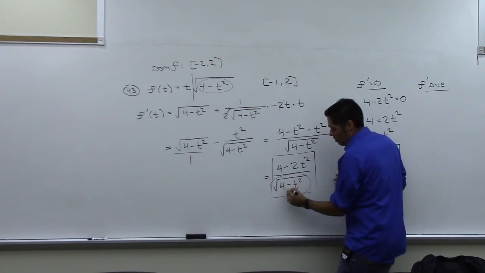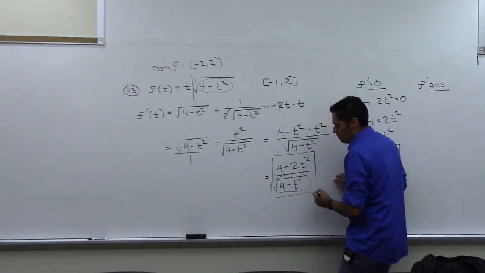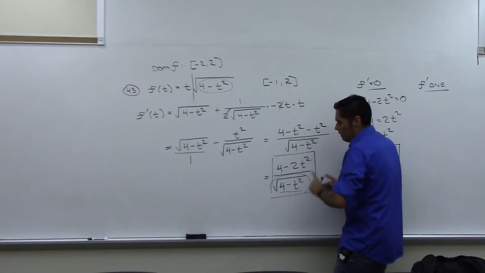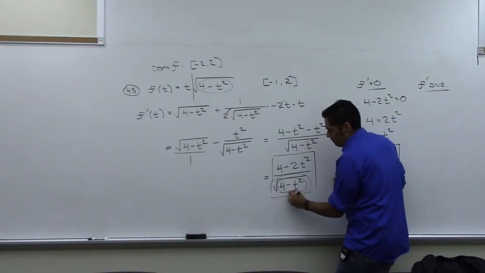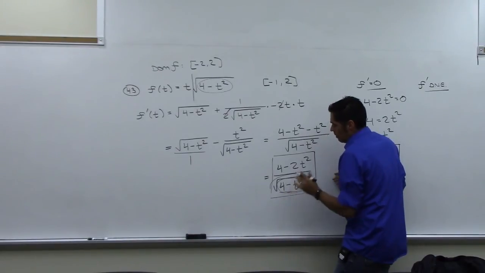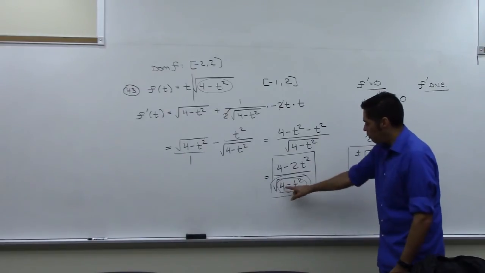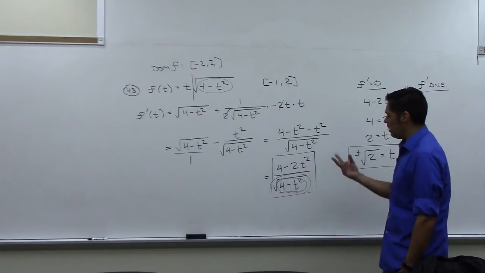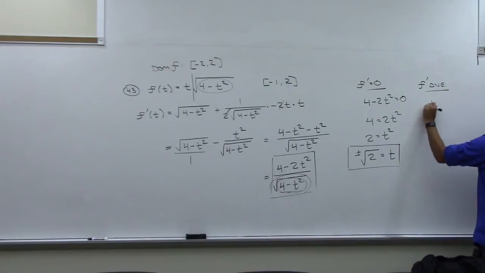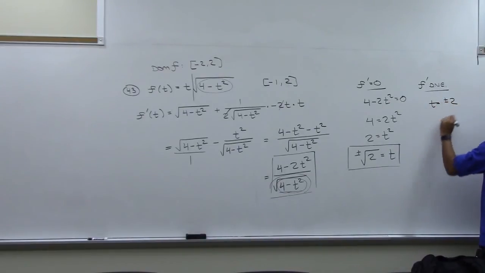I'm inside the domain. So I don't have to worry about the 4 minus t squared being a negative number. But it could be 0. If that's 0, that's a problem because I'm going to divide. So what would make this thing 0? You could set 4 minus t squared equal to 0. You'd get 2 and negative 2. So t equals positive or negative 2 would actually cause an issue with the derivative.